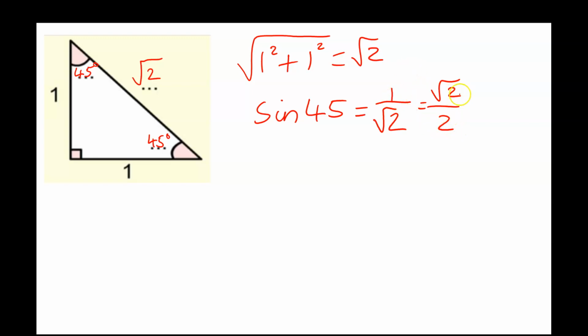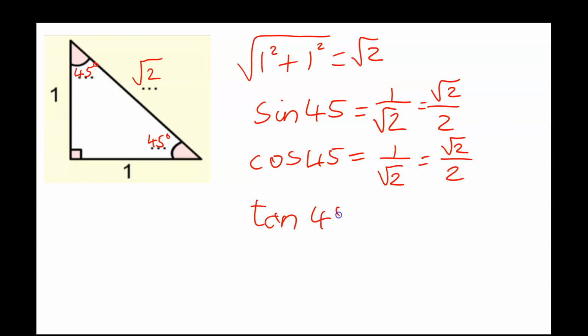Okay, but they are the same value. Same with cosine of 45. This time we want adjacent and the hypotenuse. And then tan of 45. Well, hopefully you realise that's a nice easy one to remember, it's 1, because it's 1 divided by 1.